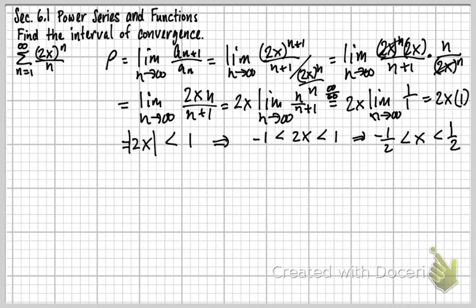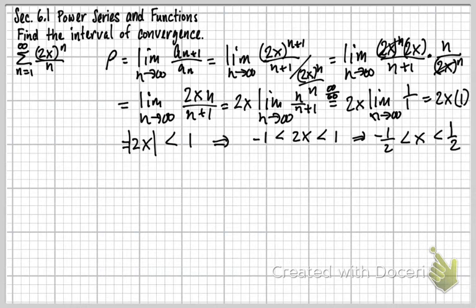Now we're going to have to check for equality: is there equality for either the negative or positive 1/2? Remember, this says x is between negative 1/2 and 1/2, and we want to see if x can be 1/2 or negative 1/2.